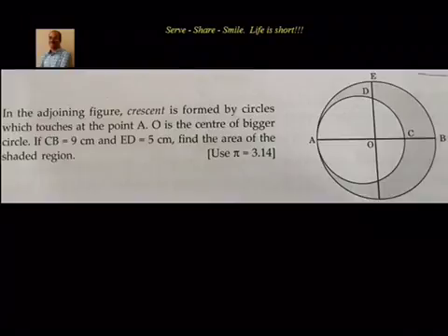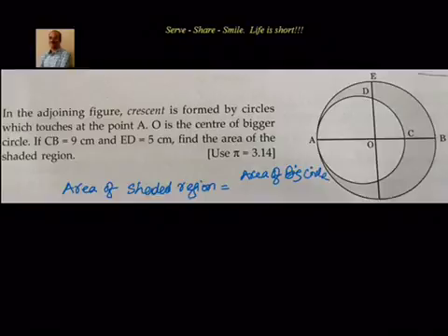So I can write down that area of shaded region is equal to area of big circle minus area of small circle.